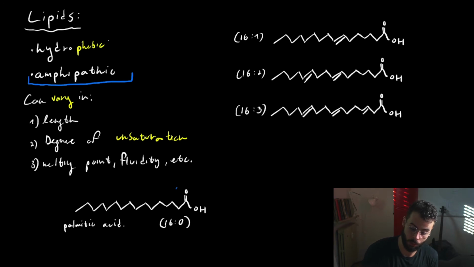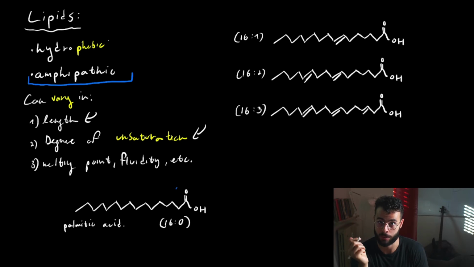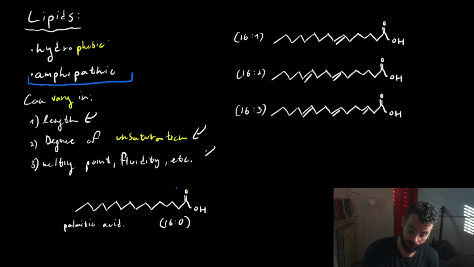So we said 1, it can vary in length of the hydrocarbon. 2, it can change the degree of unsaturation, and the amount of double or triple bonds inside the molecule can vary as well. And 3, as we said in our previous video, when you have different functional groups, you will have different properties of the molecule.